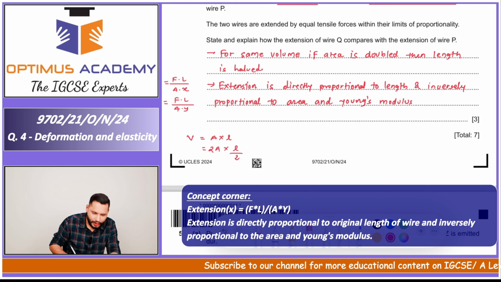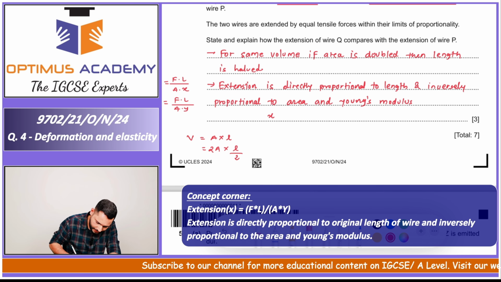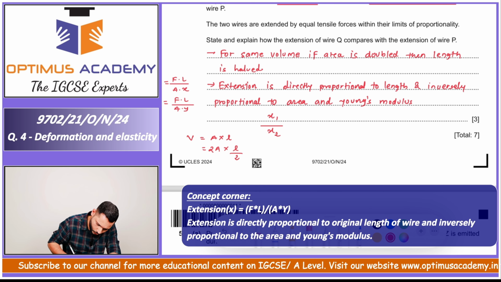Okay, we'll just work out the equations now. For the first wire, the extension is, let's say, x1, and for the second wire, the extension is x2.